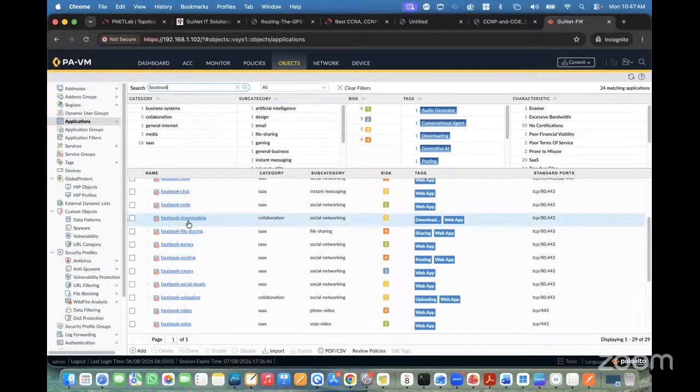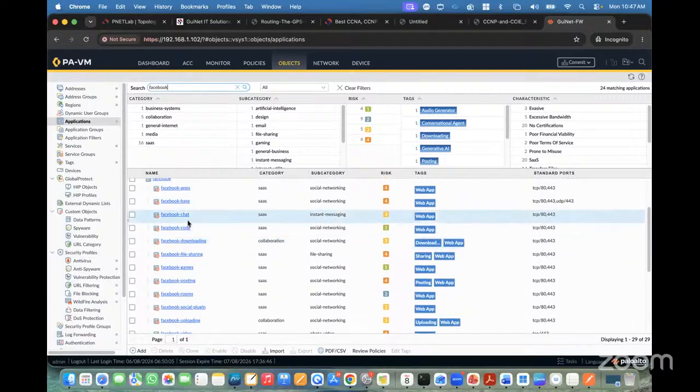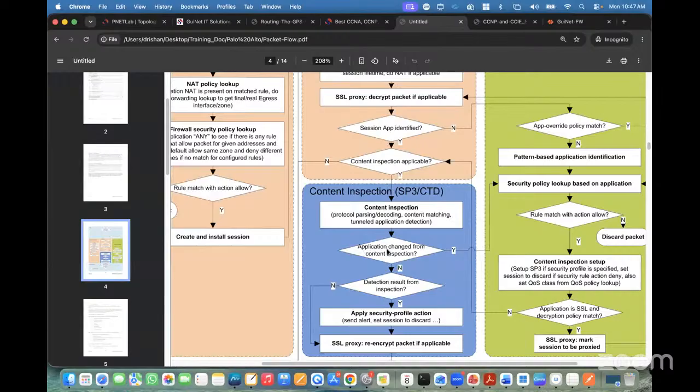Among all these applications, say you only allow Facebook, but suddenly you go into chat, which is blocked. So what happens in Palo Alto? If the application changes during content inspection, while checking the content it finds that you changed the application. In that situation, it does a further security policy lookup: is this new application allowed or not?